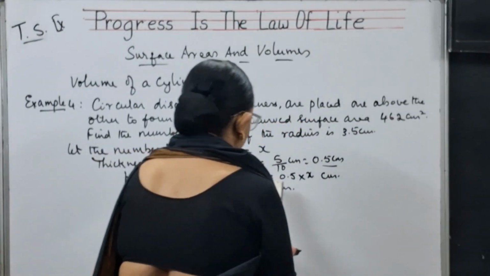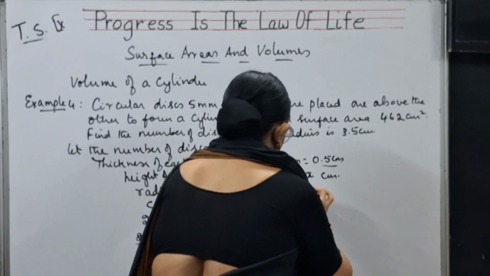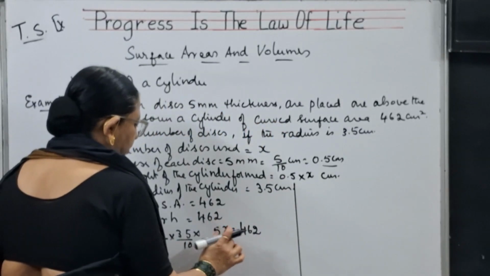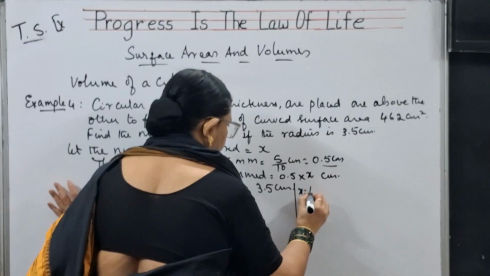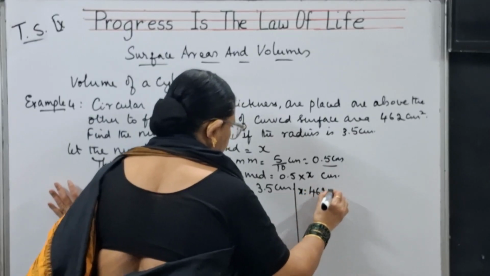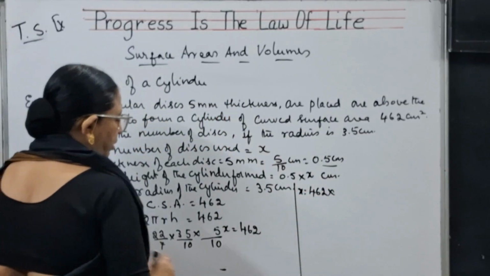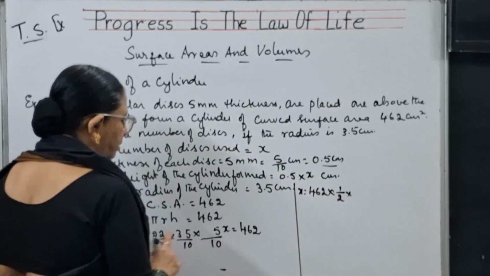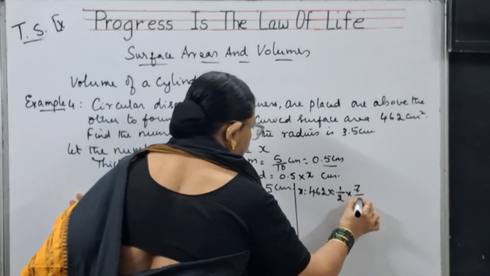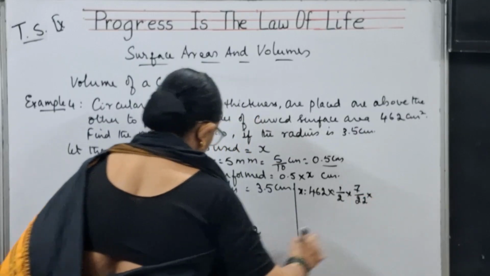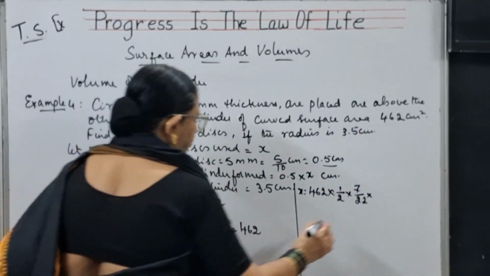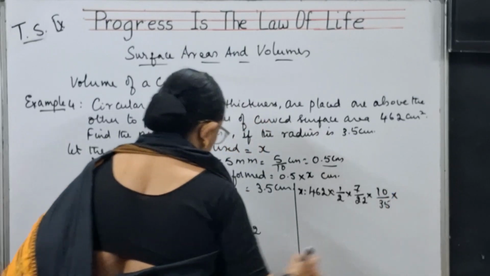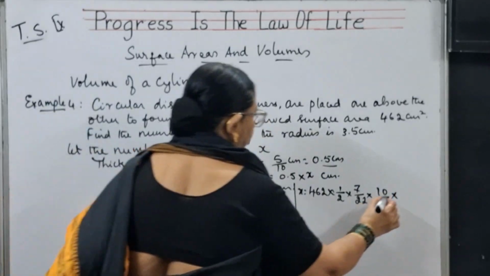So x is equal to 462 into 2 by 1 becomes 1 by 2, into 22 by 7 becomes 7 by 22, into 35 by 10 becomes 10 by 35, into 5 by 10 becomes 10 by 5.